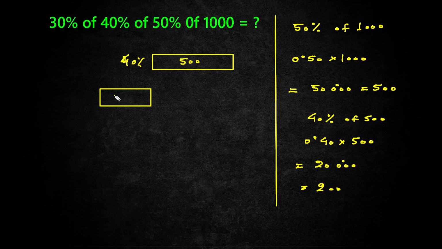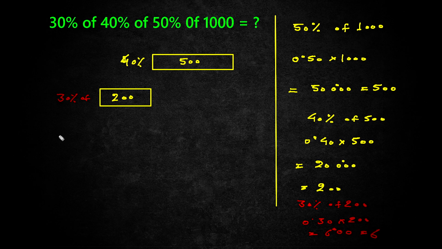Finally, 40% of the 500 is 200, and we have to find what is 30% of the final value we have just got. The same way, 30% of 200. Same traditional 0.30 multiplied by 200, and the answer is 6 times 2 is 12, then 3 zeros, and decimal after 2 digits.